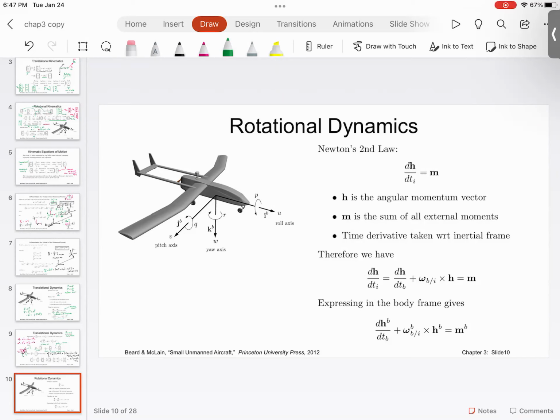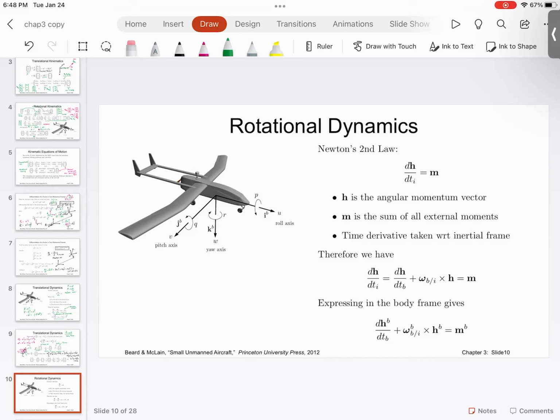Okay, now here comes the kicker. This is Newton's second law in rotational coordinates. Newton's law says the rate of change of linear momentum is equal to force. Similarly, the rate of change of angular momentum is equal to torque.